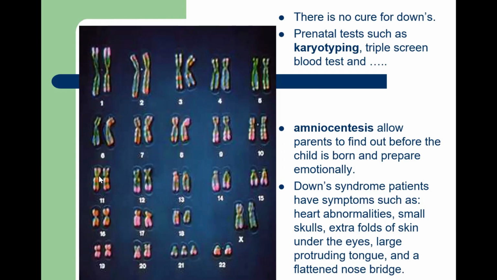Amniocentesis is a way of collecting amniotic fluid from a baby and then testing whether the baby has developed Down syndrome or not. That is Down syndrome.